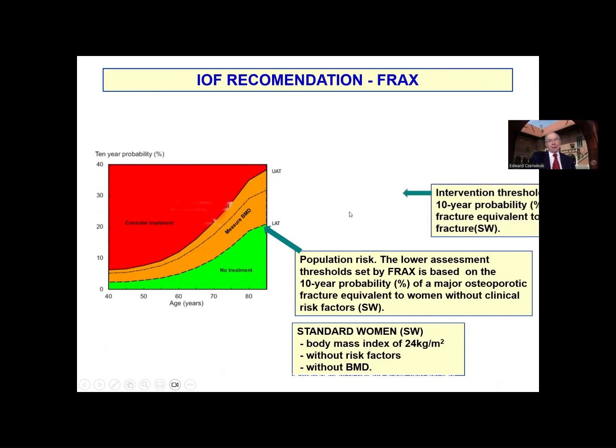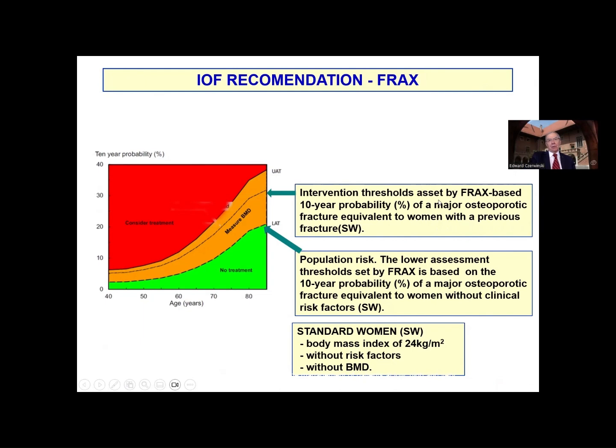And there is the level of threshold for patients who have a fracture. It is the percentage for an 80-year-old lady, and this percentage is about, say, 8 if she is 60.